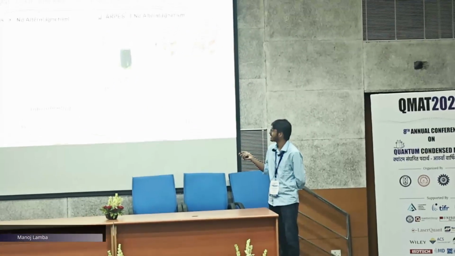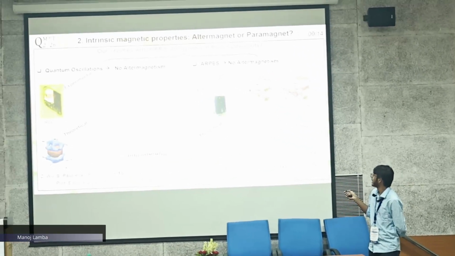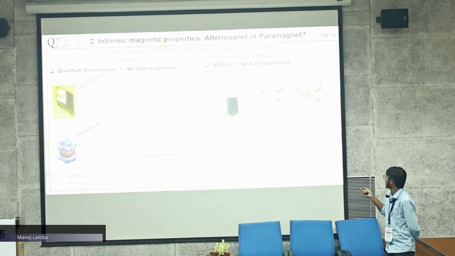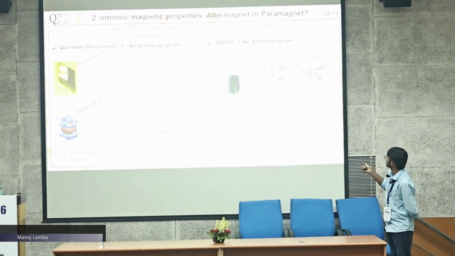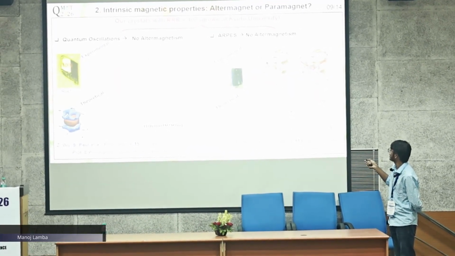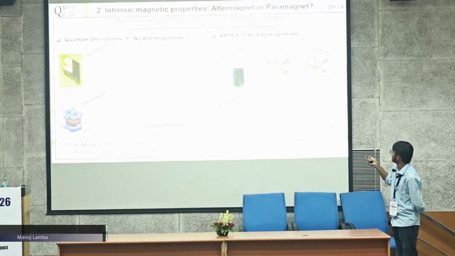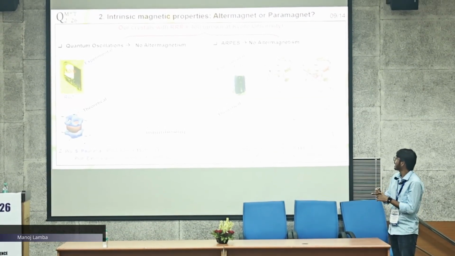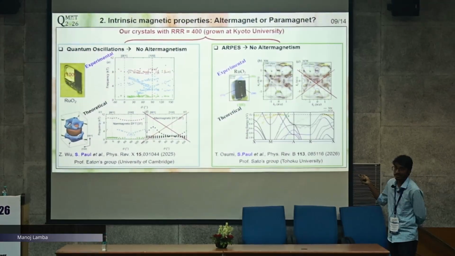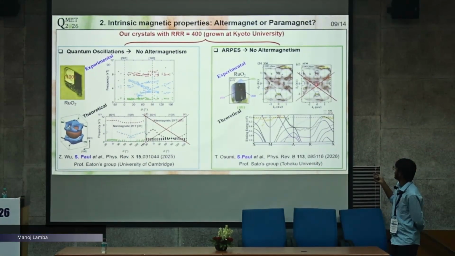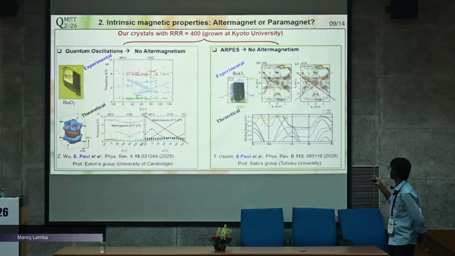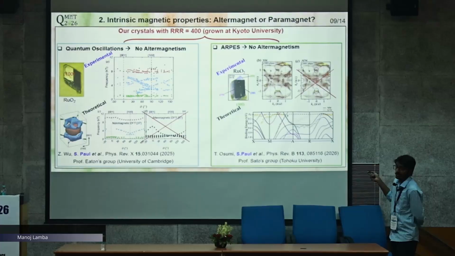Okay, first of all, this quantum oscillation and ARPES measurement, this is the experimental data, and this is also experimental data. This is the Fermi surface. So if you look at these solid lines, this figure B is the theoretical calculation for the paramagnetic system. And if it were antiferromagnetic, it should behave like this.